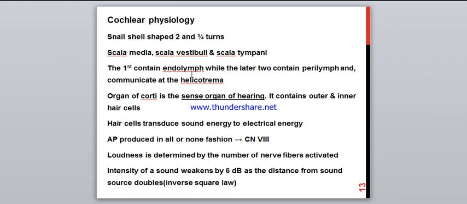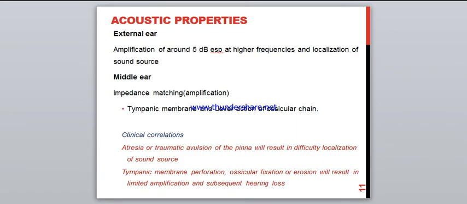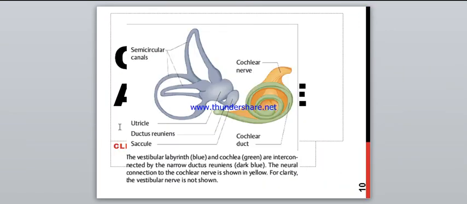This cochlea is a fluid medium. The scala media contains endolymph, while the latter two, the scala vestibuli and the scala tympani, contain perilymph and communicate at the helicotrema. When we see the anatomy, this is their communication.